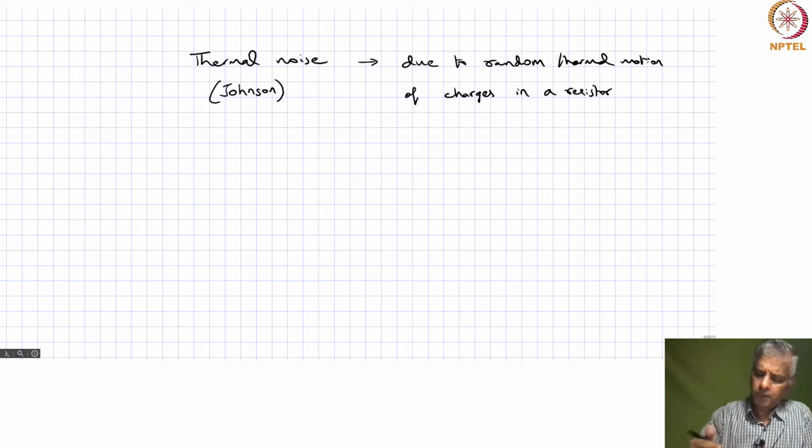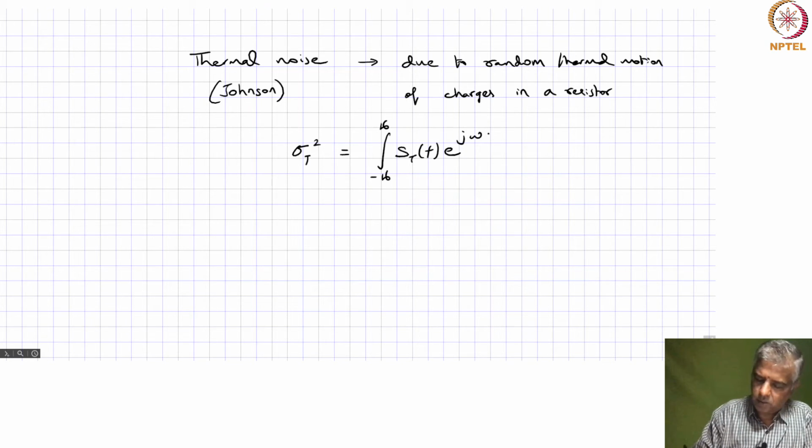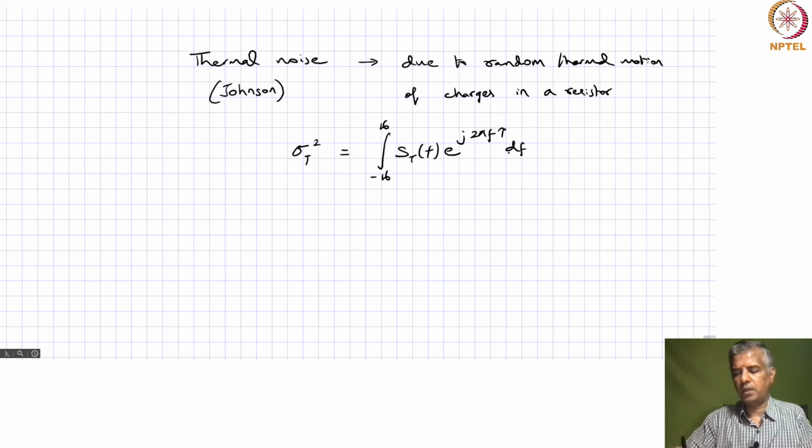So in fact, if we go through what we did previously, we said you can quantify this thermal variance as the integral from minus infinity to plus infinity of St(f) e^(j2πfτ) df. Of course, that is what you get when τ equals 0.